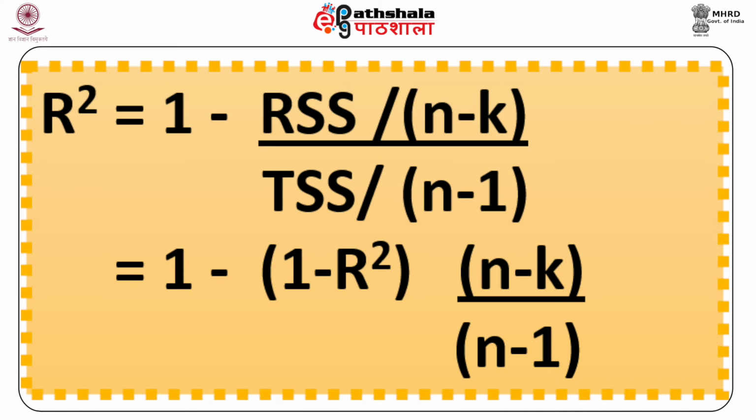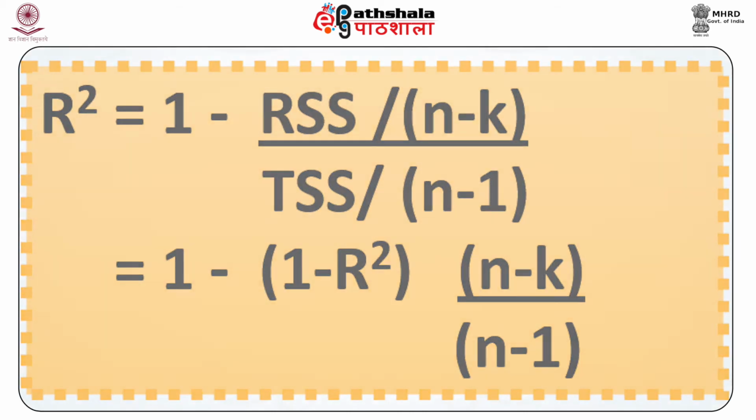From the definition itself, R bar square is less than or equal to R-square, which shows adjusted R-square penalizes for adding more variables into the model. The adjusted R-square will increase only if the absolute t value of the added regressors is greater than 1. Hence, R bar square is a better measure than R-square. But like R-square, it requires the dependent variable to be the same to enable comparison between models.